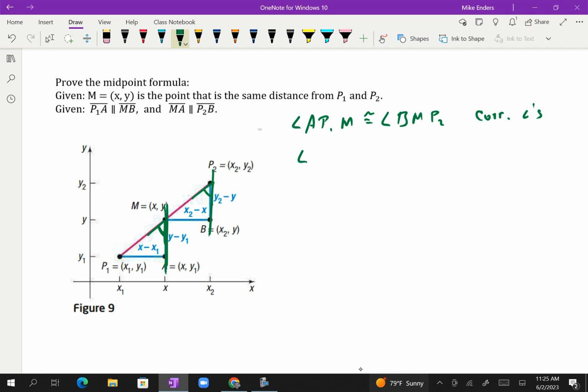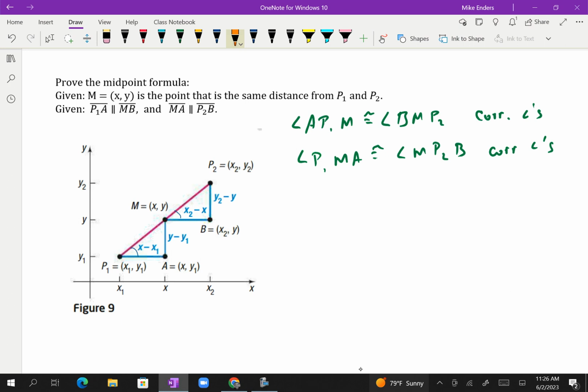So let's go ahead and write that down. So we can say then that angle P1 M A is going to be congruent to M P2 B. And again, because these are corresponding angles, they have to be congruent. So if I erase some of that extra notation here and see, well, what do we have? We've got these angles equal to each other.